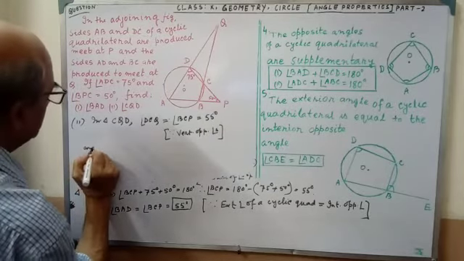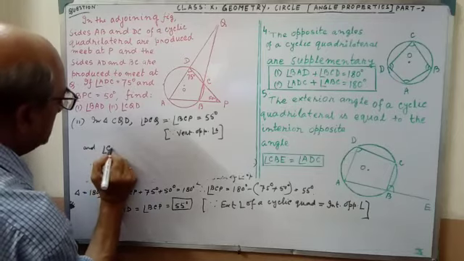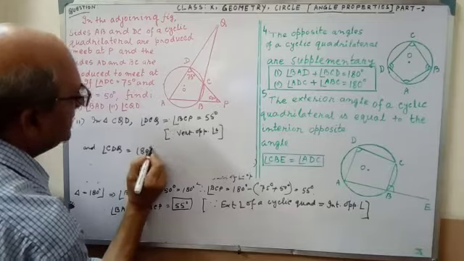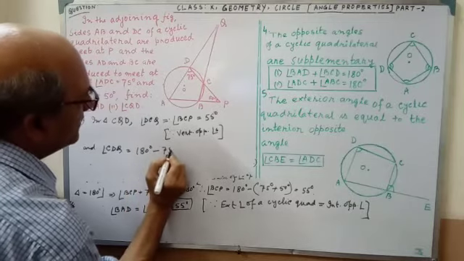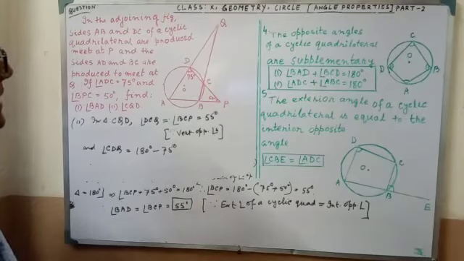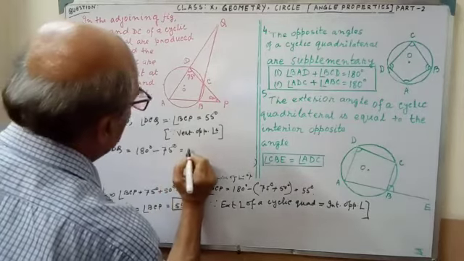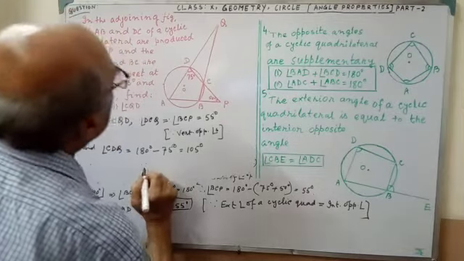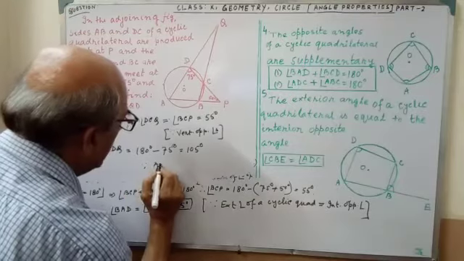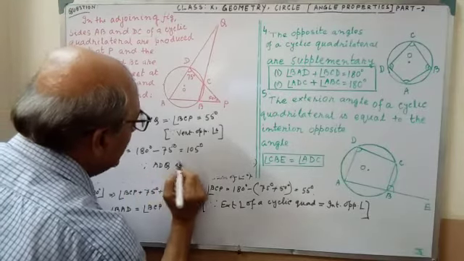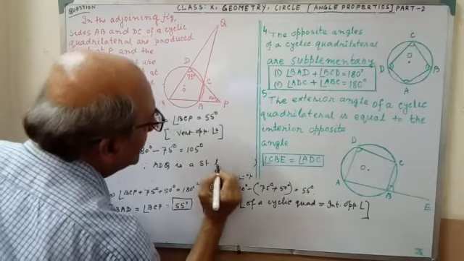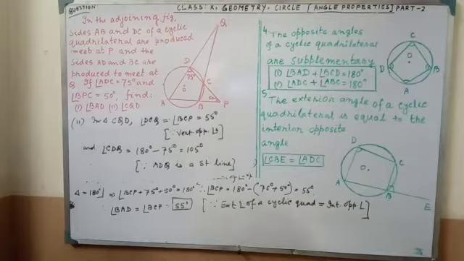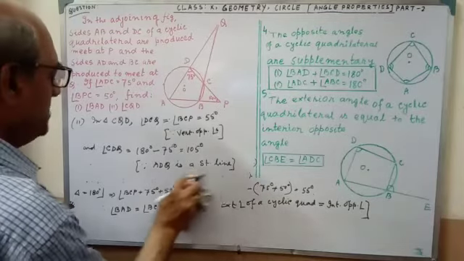Angle CDQ equals 180 degrees minus 75 degrees, which is 105 degrees. But reason you have to write: since ADQ is a straight line. This is the reason you have to write. Otherwise, you will miss the marks for this part.